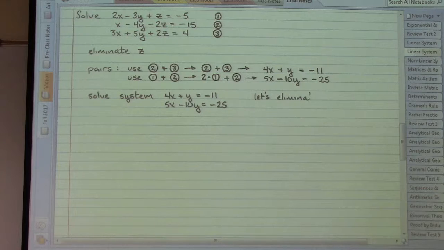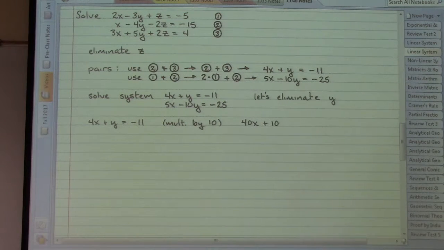So let's eliminate y, so that we would take the first equation, and we'll just do it direct based on exactly what shows up. We'll go ahead and say we're going to multiply by 10, and that'll give us 40x plus 10y equals negative 110.